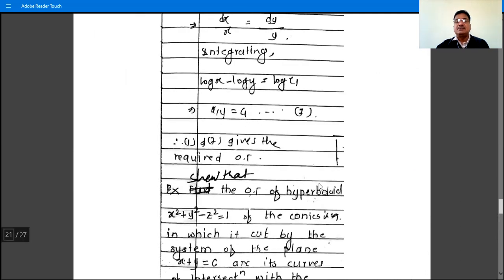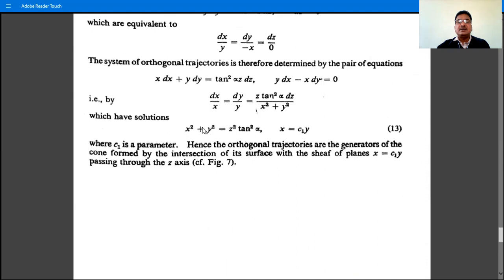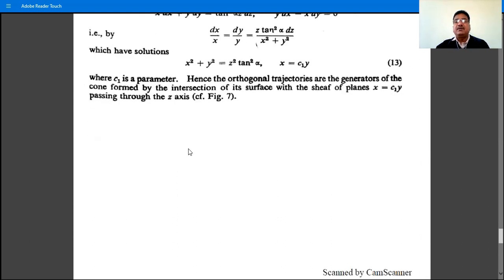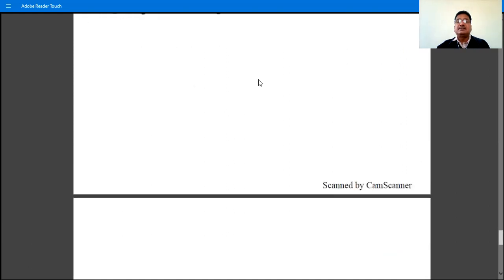So in this example also, 1 and 7 give the orthogonal trajectories. That is, 1 means x square plus y square is equal to z square tan square alpha, and 7 means x by y is equal to c1, which give the required orthogonal trajectories.